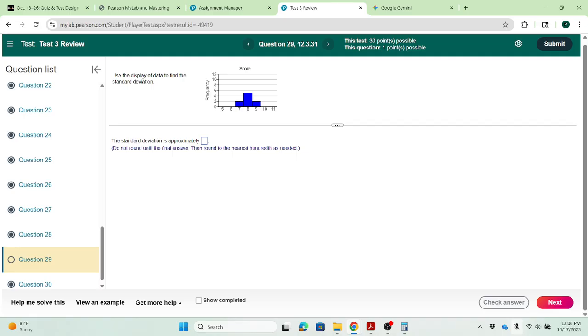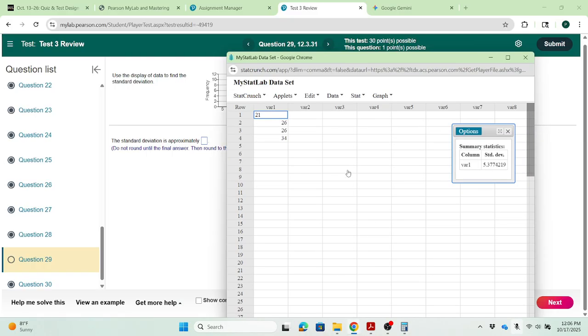Use the display of data to find the standard deviation. Remember, 7 is repeating 2 times, 8 is repeating 5 times, 9 is repeating 2 times. First of all, you need to write down the data here.